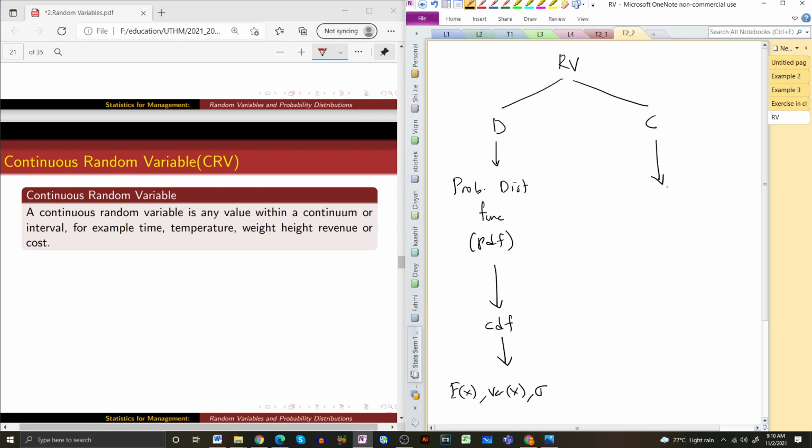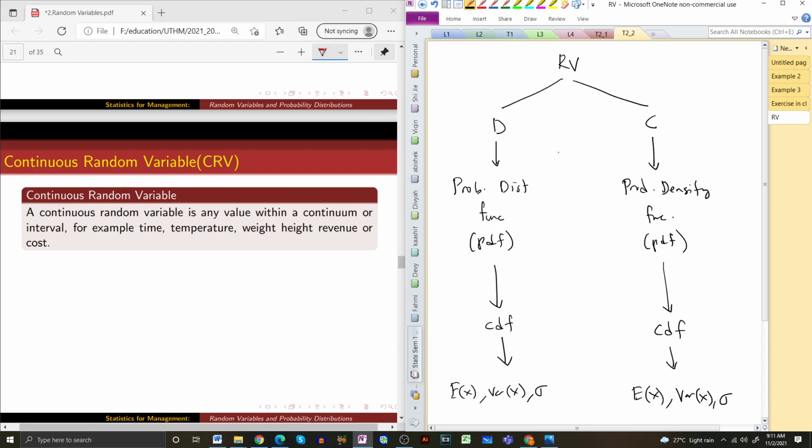Now for discrete, all these three parts we have done. Now we are going to go through the same thing with continuous, but for continuous, the probability distribution function has a different name, known as the probability density function. Still PDF, probability density function, and then CDF, and then we will learn finally E(X), variance of X, and standard deviation.